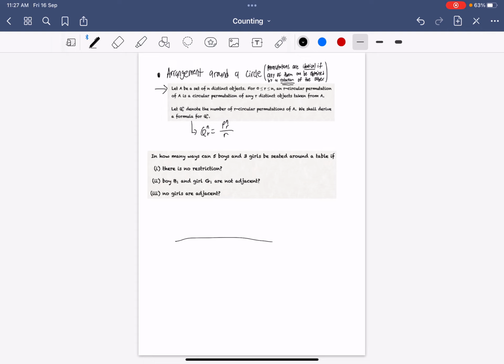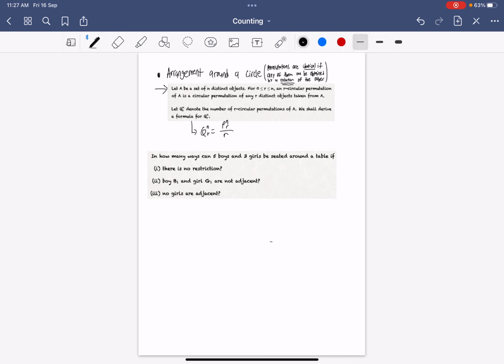And so the formula is just P(n, r) over r. This is how you arrange the objects in a circle, and we'll move on to a problem to better understand what I mean.